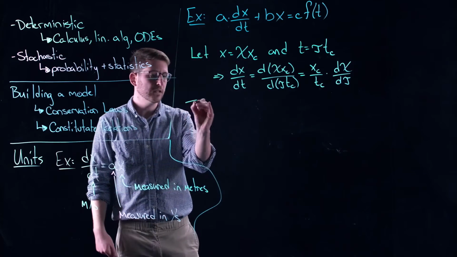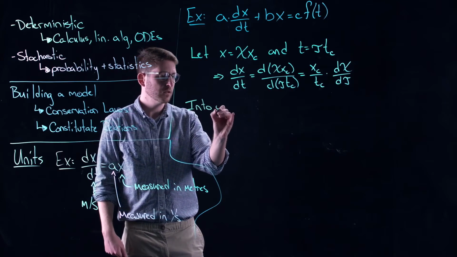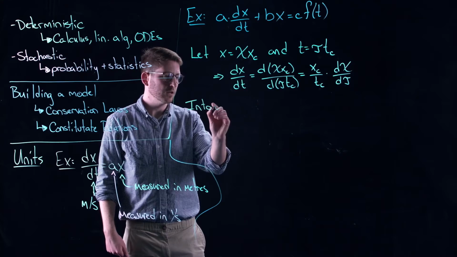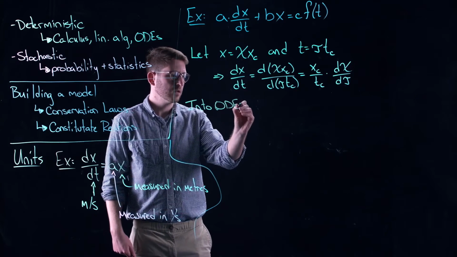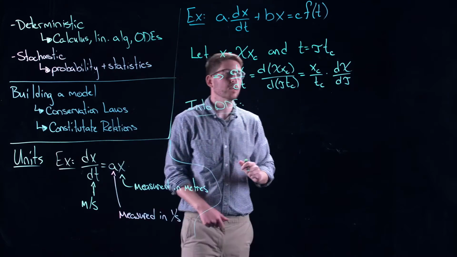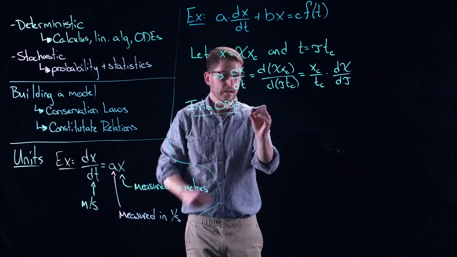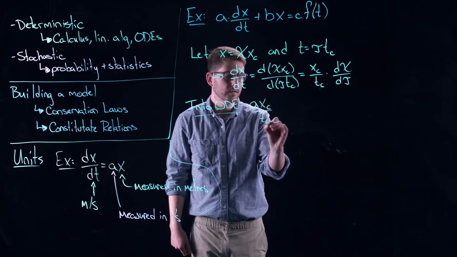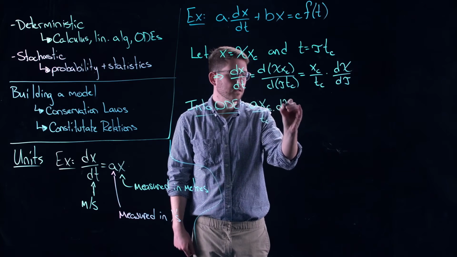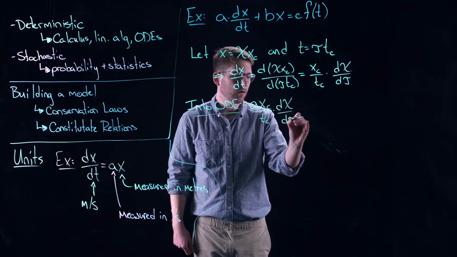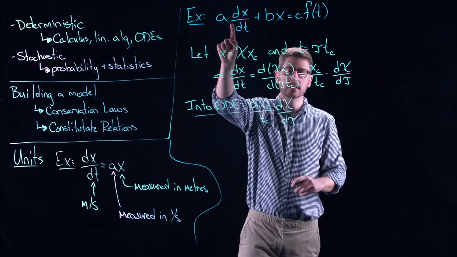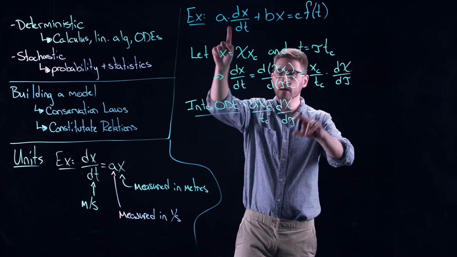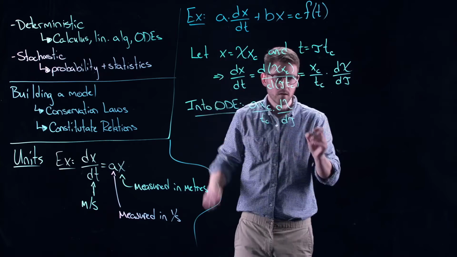Okay, so into the differential equation, into the ODE. When I put this into the ODE, I get A x_c over t_c, times d chi d tau. That is A dx/dt. That's all that I've done, substitution so far.